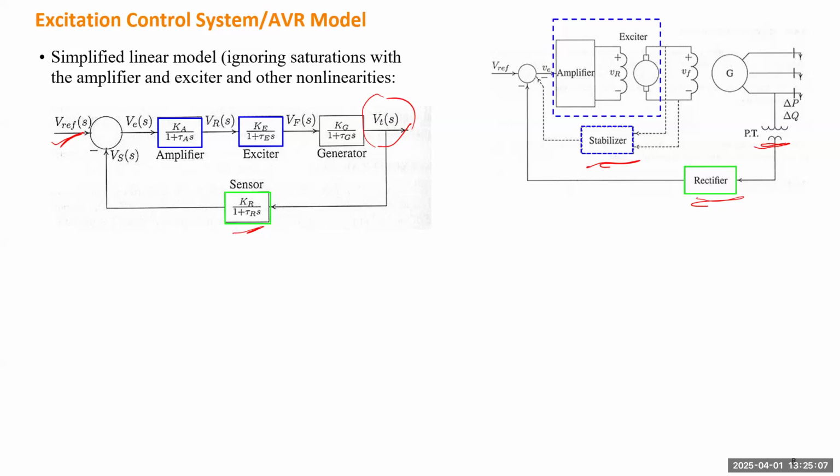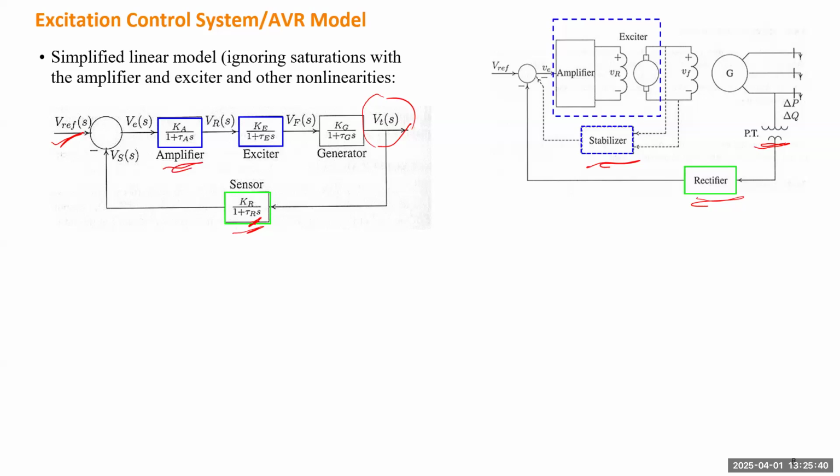So we can imagine the time constant here is very, very small. KR will basically just translate the unit from terminal voltage to the reference value. If the terminal voltage represents the true voltage of the generator, it can be very high. And if you take the same unit as the reference voltage, this KR can be 1. So the amplifier will determine the gain.